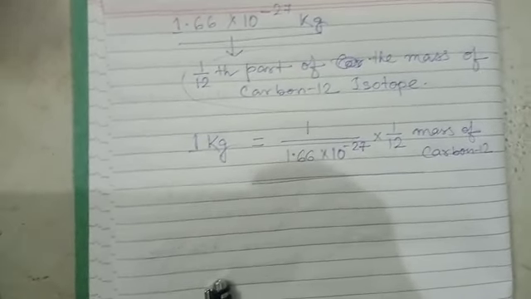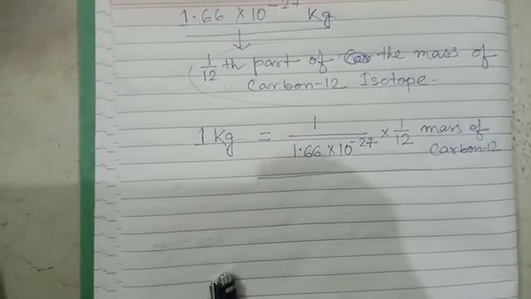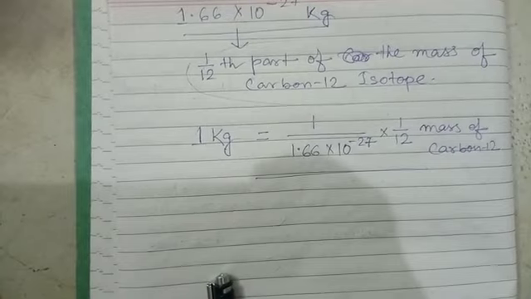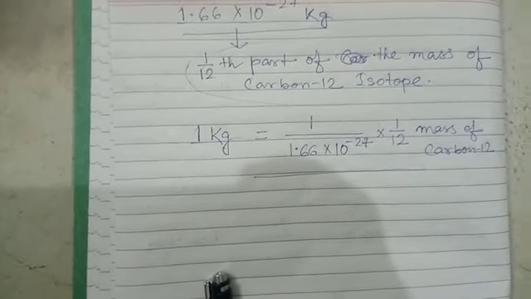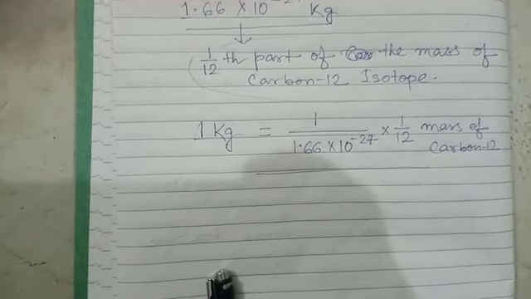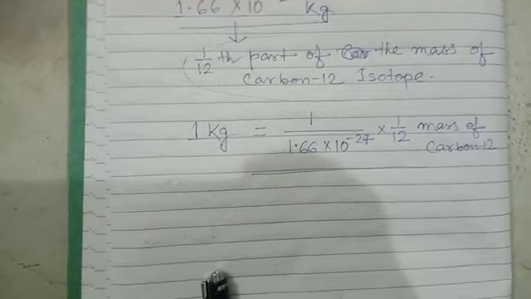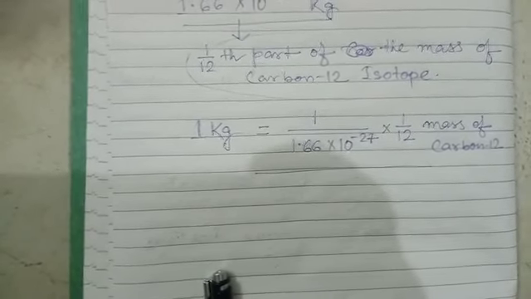This can also be defined like this: every electron which revolves around the atom radiates some energy through electromagnetic waves, and they have some time periods.